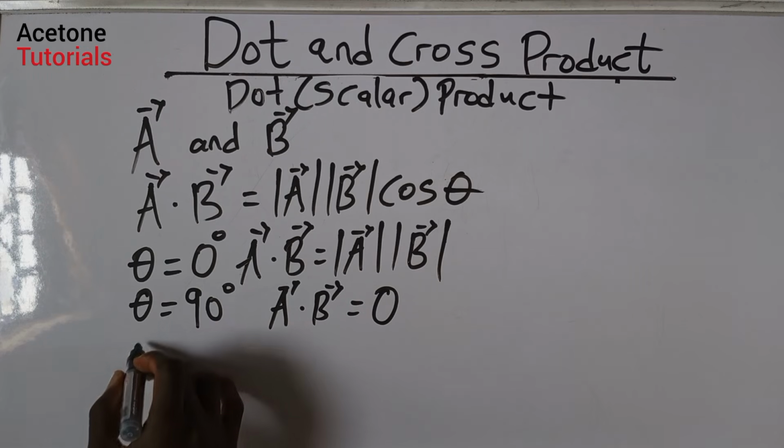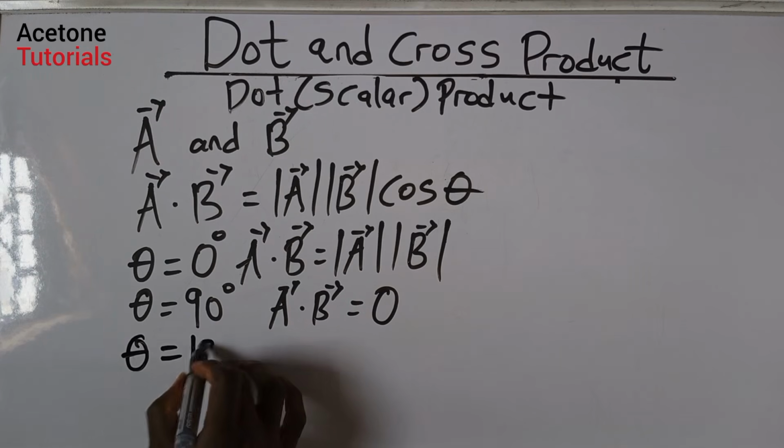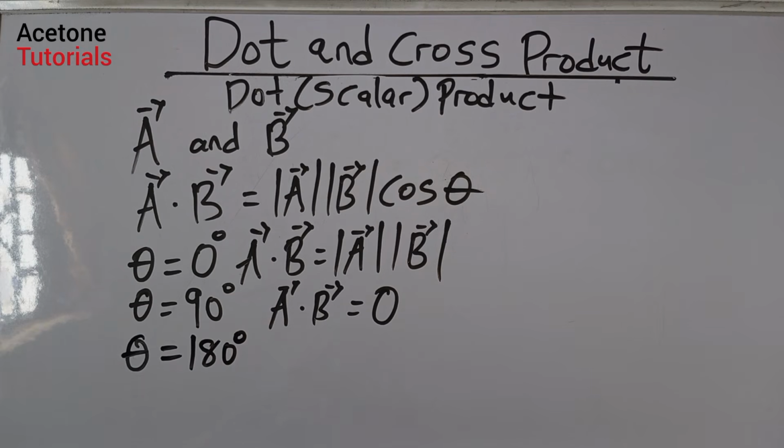Another case is when theta is 180 degrees. 180 degrees means they are anti-parallel to each other, so they are oppositely directed. Cos 180 is minus 1.